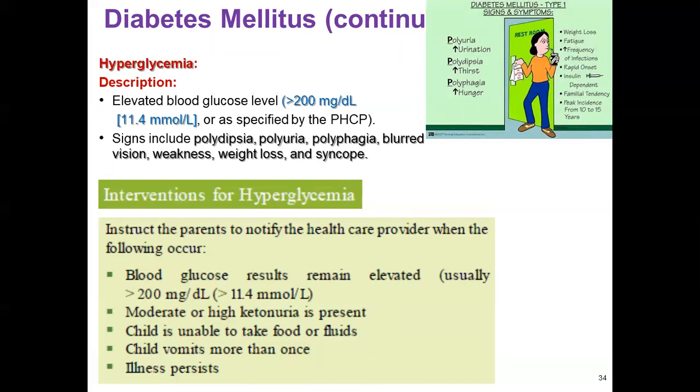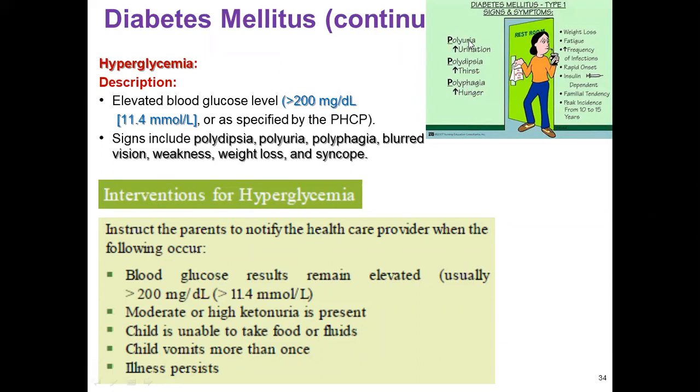An easy way to remember the hyperglycemia signs and symptoms is the 3 P's: one P stands for polyuria, one P for polydipsia, and one P for polyphagia.